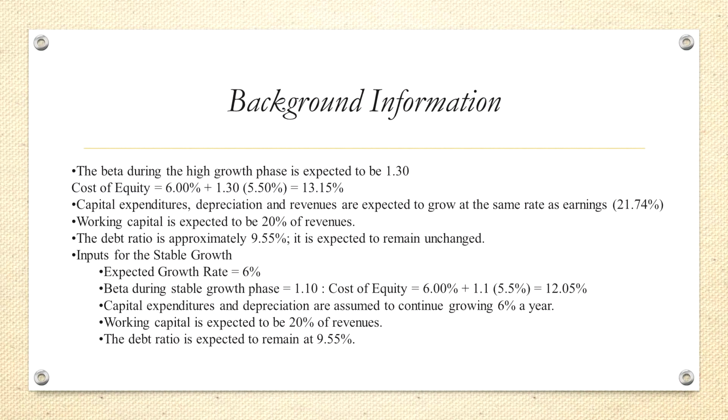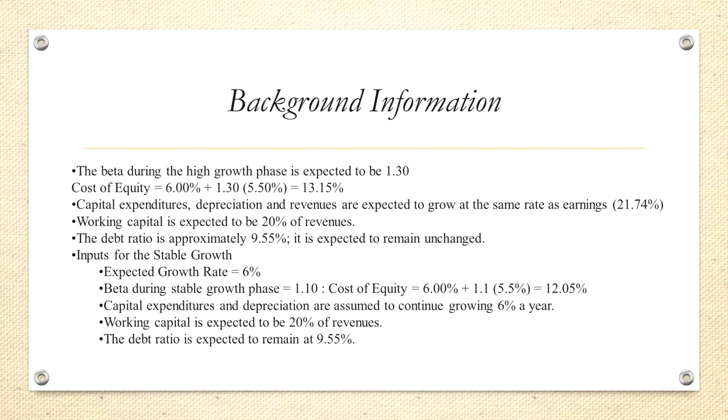Based on the 1.3 beta, the cost of equity during the high growth time period would be estimated at 13.15%, given a 6% risk-free rate and a 5.5% equity risk premium. We also assume that capital expenditure, depreciation, and revenue are expected to grow at the same rates as earnings. So for the high growth time period, that would be 21.74%, but for the constant growth time period, that would be 6%.